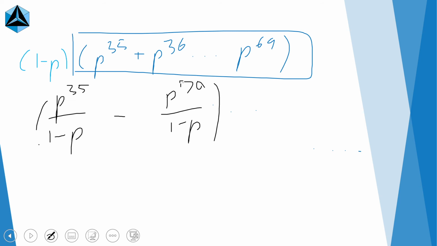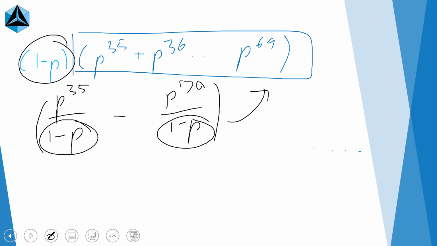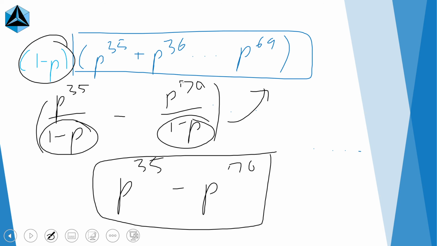These both have a denominator of 1 minus p, which will nicely cancel out with the 1 minus p here. So now all we want to do is find the value of p that makes p to the 35 minus p to the 70 a maximum.